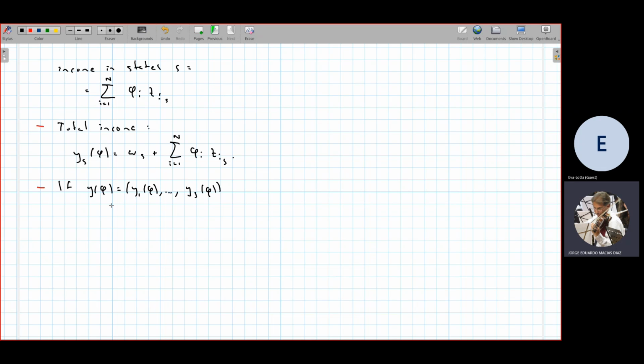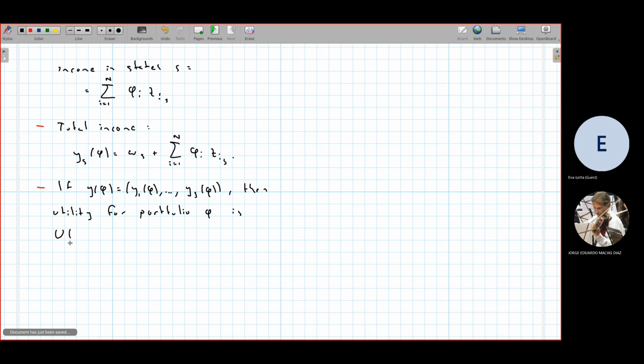So if you consider this vector, then the utility for portfolio phi is actually given by the utility function evaluated at y of phi.